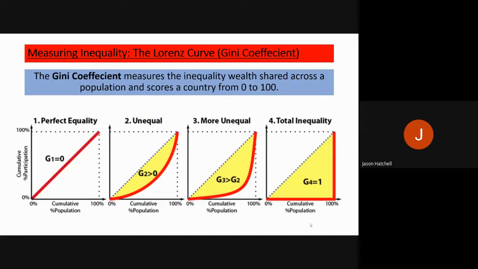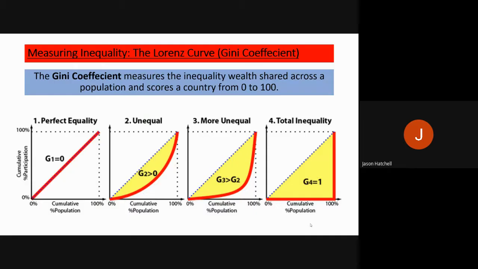And so one more thing we can look at for development in terms of measurements is the Lorenz curve. Now, the Gini coefficient measures inequality and wealth shared across the population, and it scores that population from 0 to 100, 100 being very effective, 0 being not.